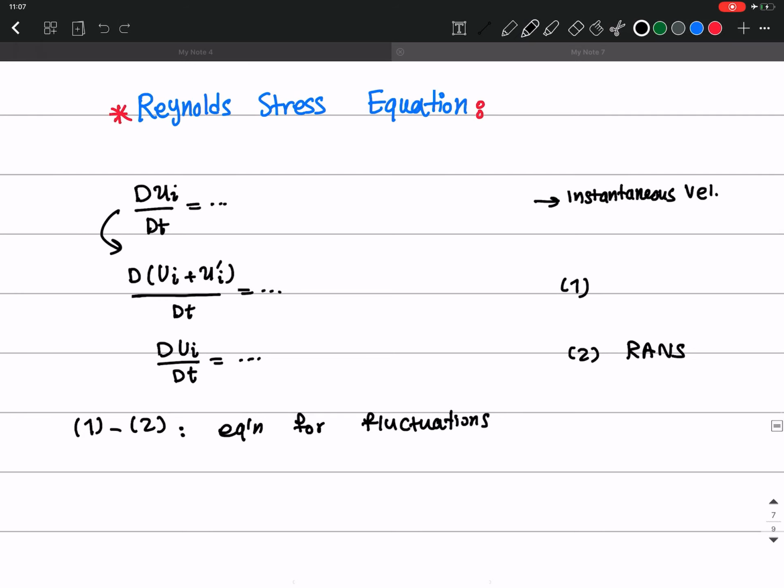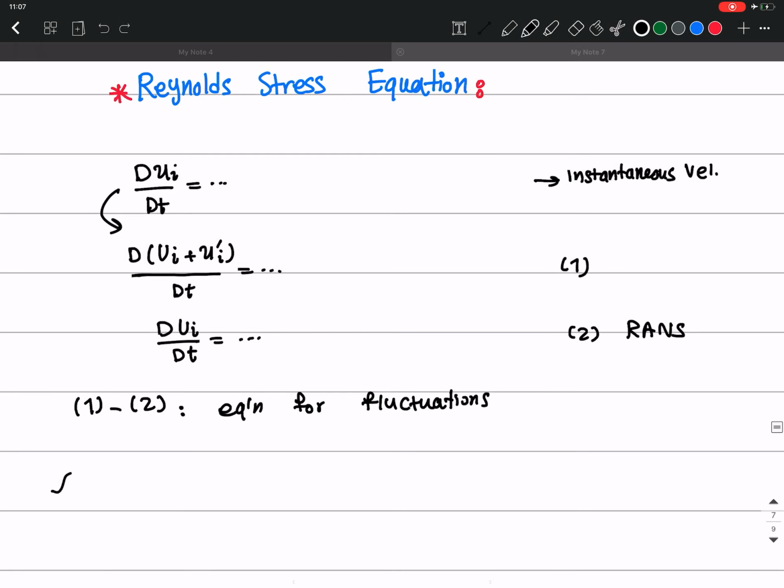So let me just write those terms, and you can confirm them yourself. It's going to be rho partial u prime i partial t plus capital Uj partial u prime i partial xj.